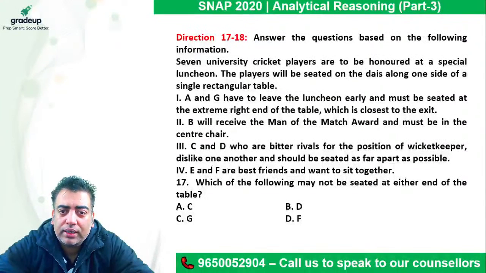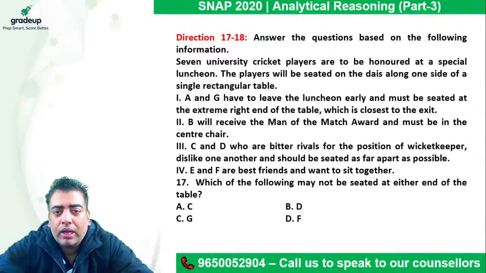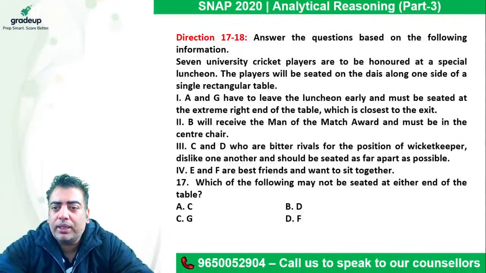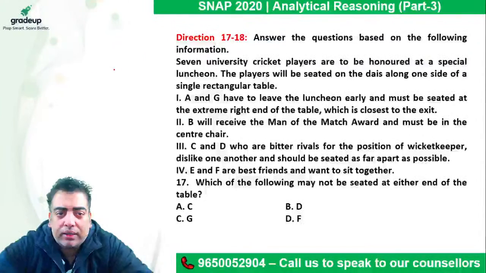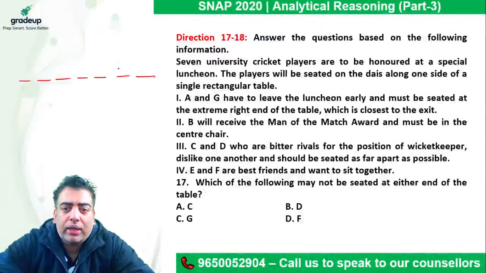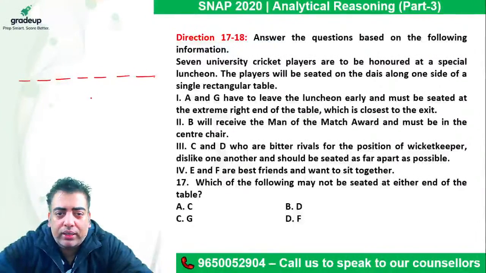Okay, so here in 17-18 he says, answer the questions based on the following information. 7 university cricket players are to be honored at a special luncheon. The players will be seated on the dais along one side of a single rectangular table. So there are 7 players. So they are to be seated on one side.